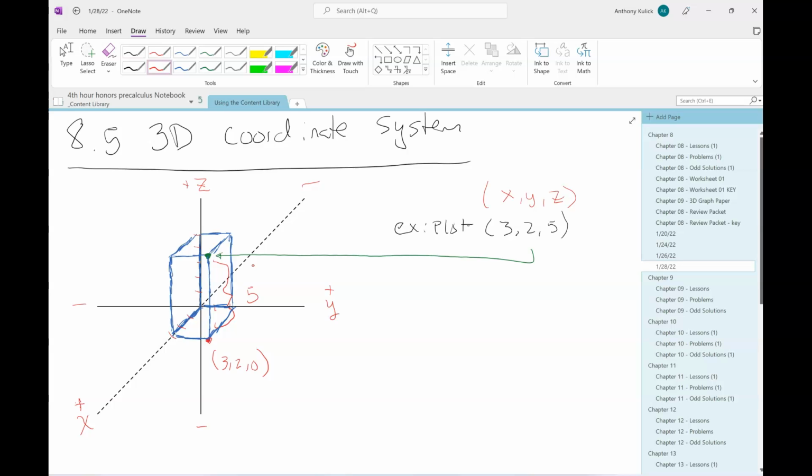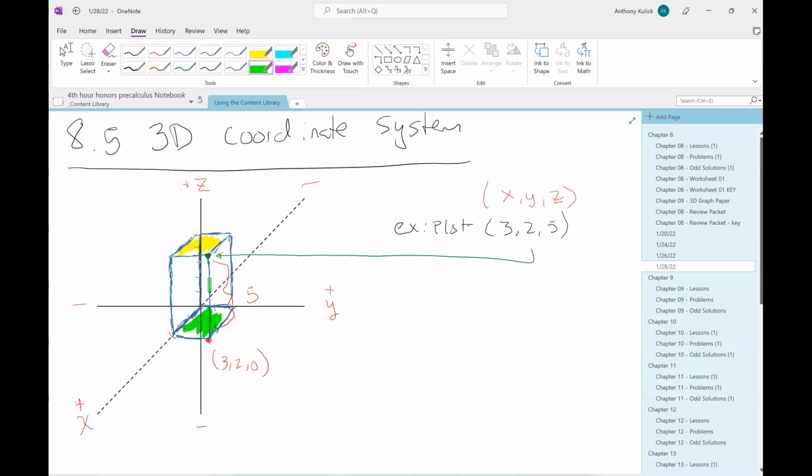Everybody can see that. Essentially what we've done is we drew an xy plane when z is equal to 5 and an xy plane when z is equal to 0. And we've just lifted that plane at 0 up 5 units, and that's how we know the point's in the right place. Does that make sense?